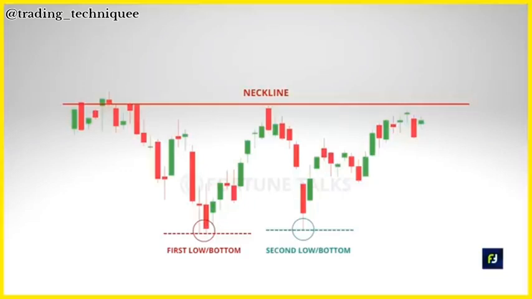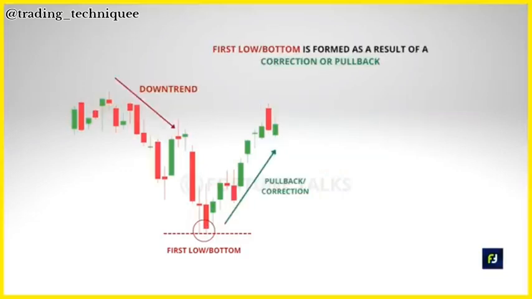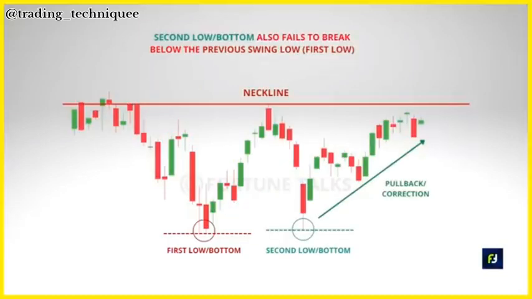Now what do these parts of the pattern indicate? A first low is formed and the market declines lower, forming a swing low and then moving higher. At this point, it is likely a retracement in the downtrend. But then a second swing low gets formed when the market rejects the previous swing low level and retraces higher again. So we can now assume that there is buying pressure, but it is too early to tell if the market could continue higher.